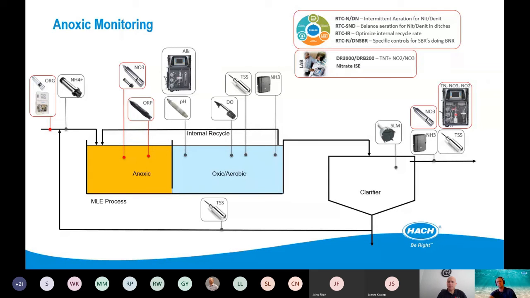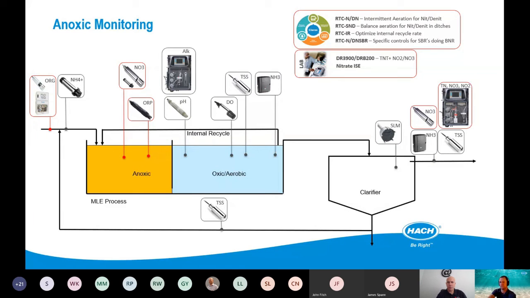No, there's no reason why we can't test there. And in fact, that may be, in some cases, a better location. The reason why we show it here is that some facilities don't have the ability to access that pipe or that location, and so it may be easier in some cases to put it at the end of an open basin, if you will, like it's shown here in this particular situation.